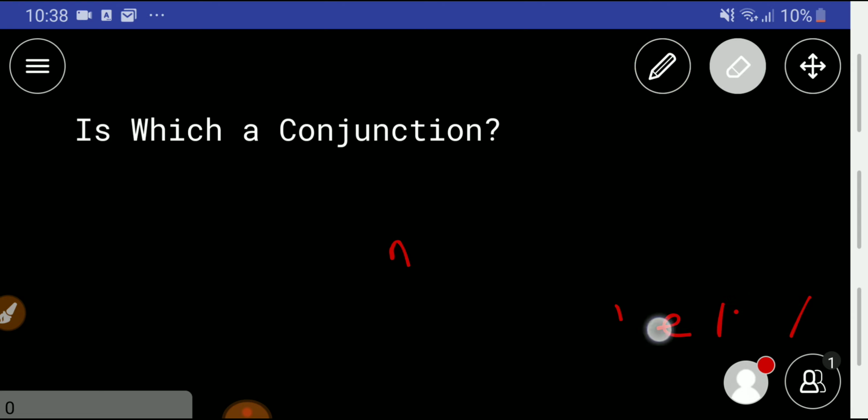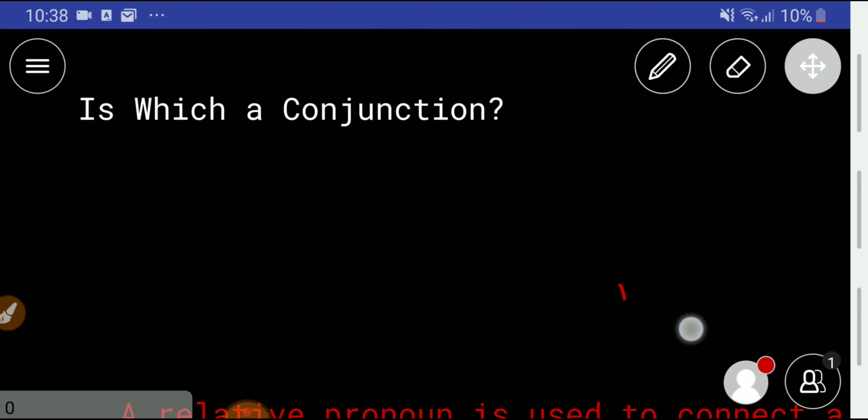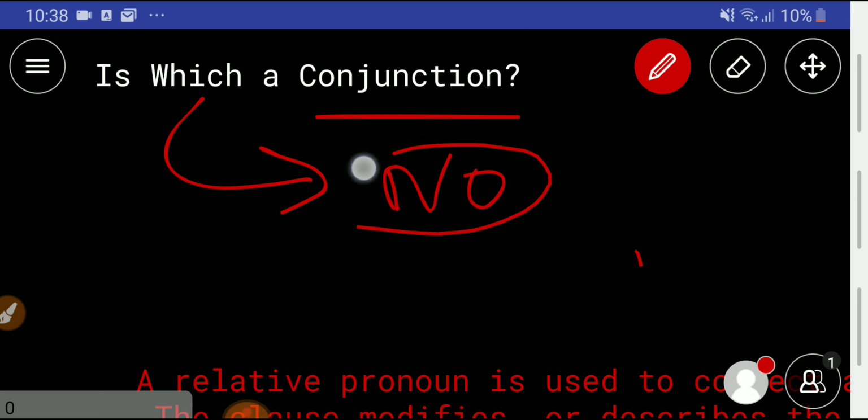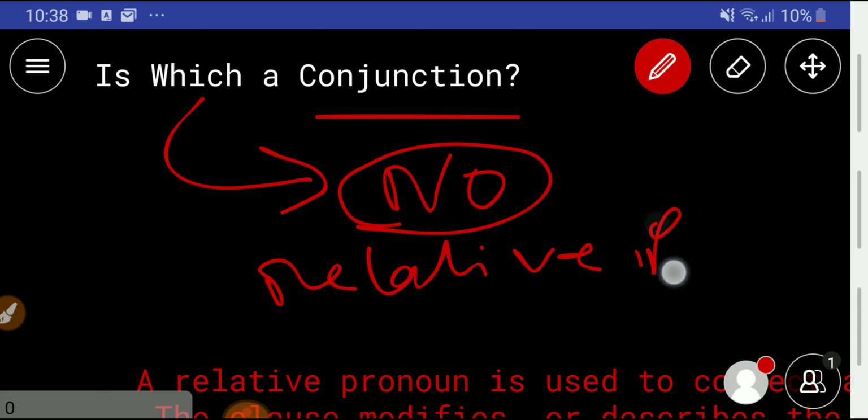However, now consider this. Is "which" a conjunction? The answer is no. "Which" can be used as a relative pronoun, right? A relative pronoun must indicate a noun, but a conjunction doesn't indicate a noun.